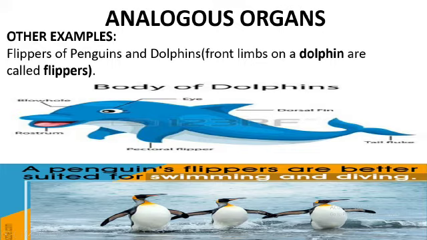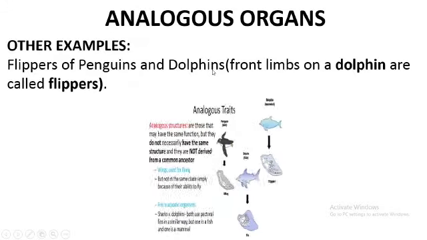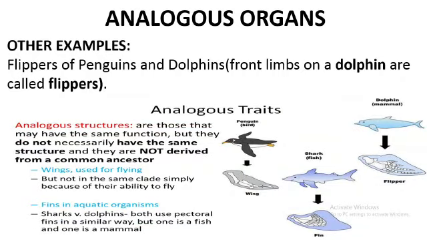Therefore, this is an example of analogous organs. You can see both use pectoral fins in a similar way, but one is a bird and the other is a mammal, so the origin is different. They don't have common ancestors. So the function is the same, the origin is different. Hence penguin flippers and dolphin flippers are examples of analogous organs.